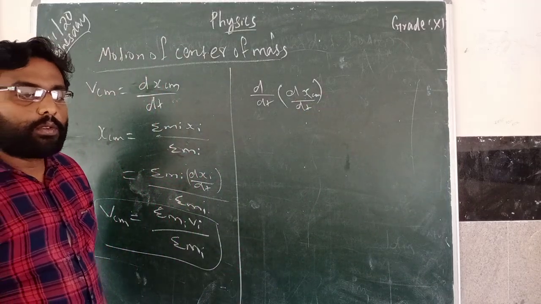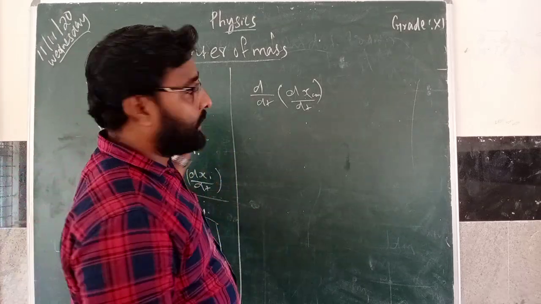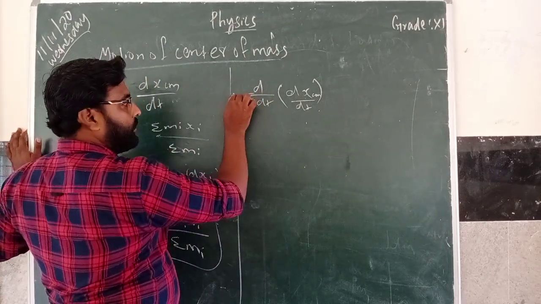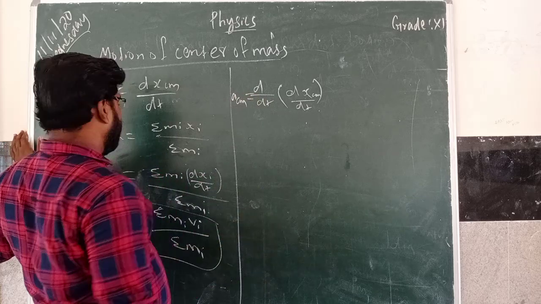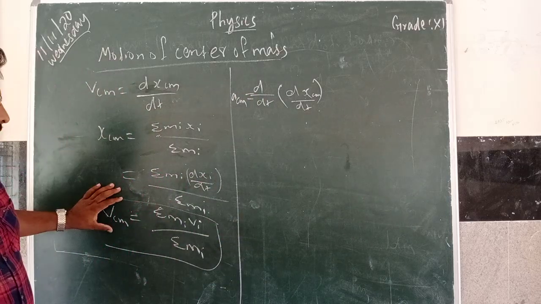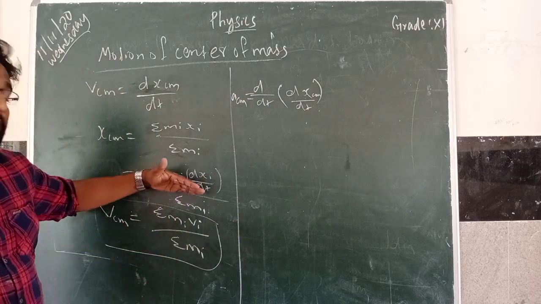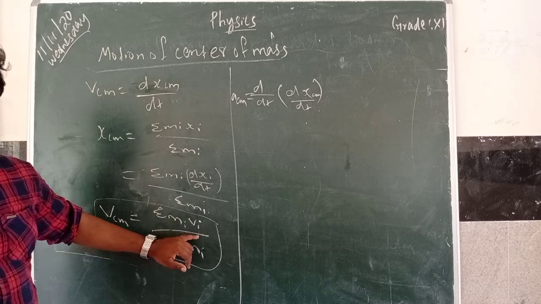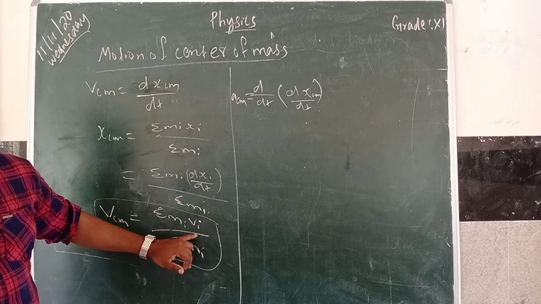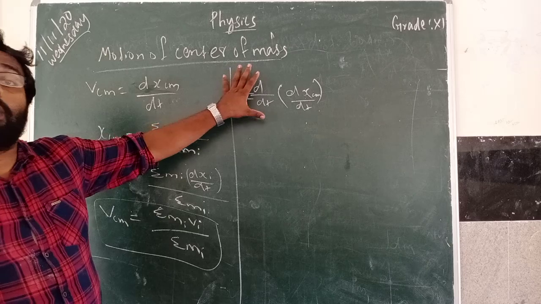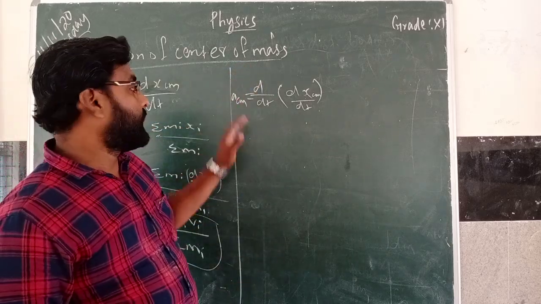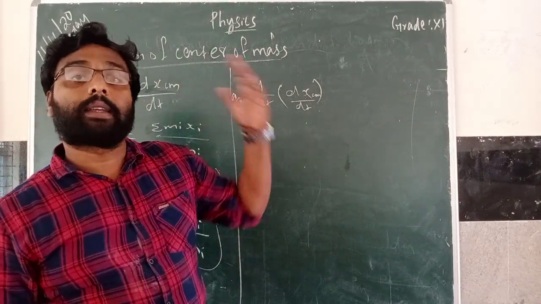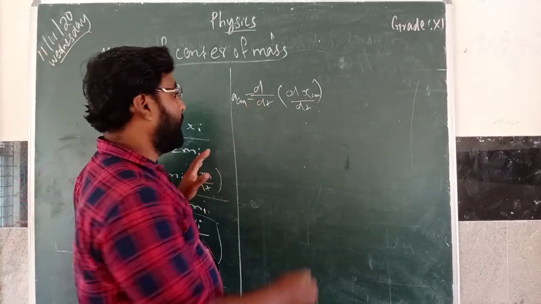For the velocity we got the center of mass formula from the first derivative form, and now we are finding acceleration. For that you have to write the second derivative form.